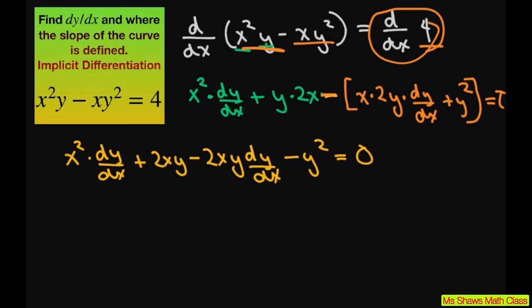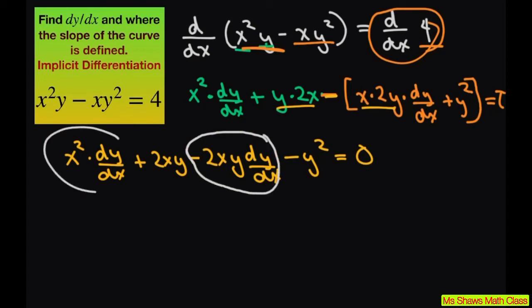So basically all I did was straighten these up and distribute that negative. Now let's group our dy/dx terms together. So I'm going to group this with this. So I'm going to get x squared times dy/dx minus 2xy times dy/dx.